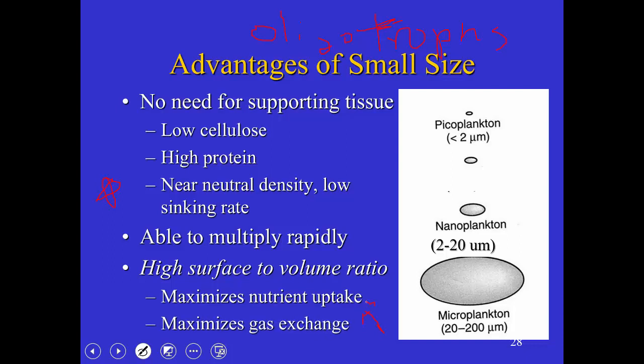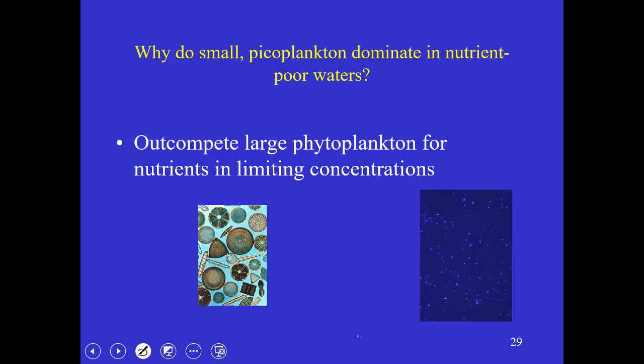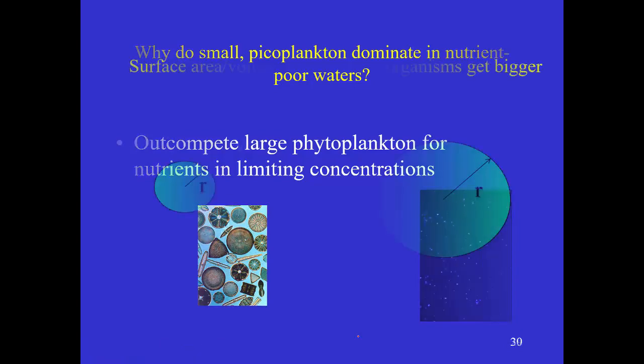It also helps gas exchange, although that's not as crucial for what we're talking about right now. So why do small plankton dominate in nutrient-poor waters? Short answer is they outcompete the large phytoplankton for nutrients when concentrations are really, really low.